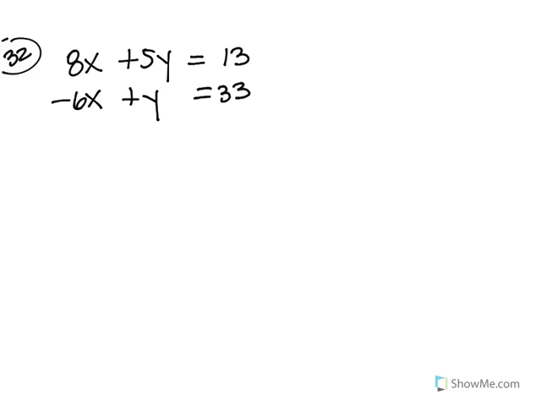You can do either one, substitution or elimination. If you did elimination, I would simply take the bottom and multiply it by -5, because by multiplying by -5, you're going to make the y cancel out.